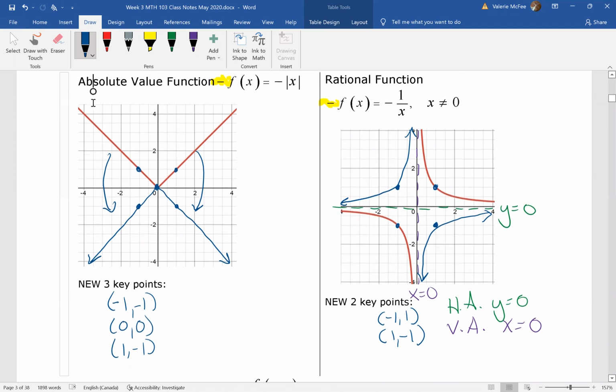The x stays the same, the opposite of y. It is a reflection across the x-axis and a reflection here as well. And I hope you remembered to label your horizontal and vertical asymptotes. I will always be looking for that on any function graph that has an asymptote. So it's good to get into the habit of putting those in.